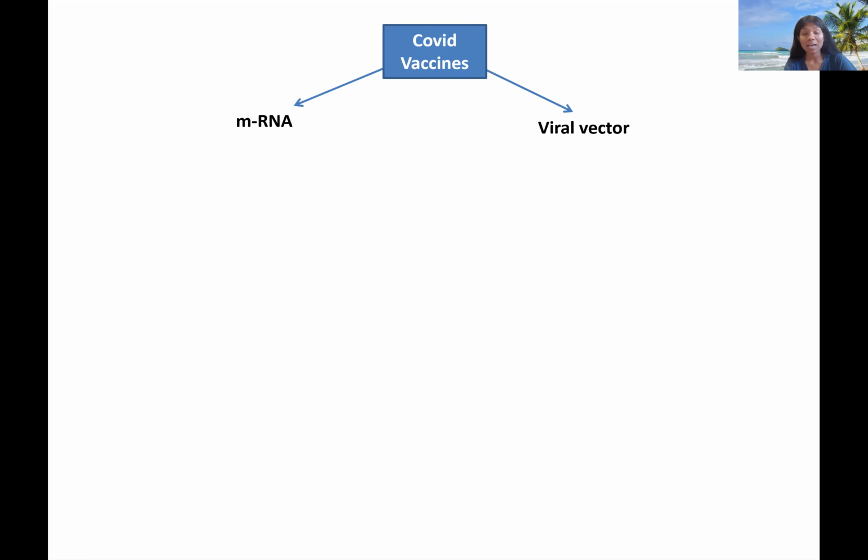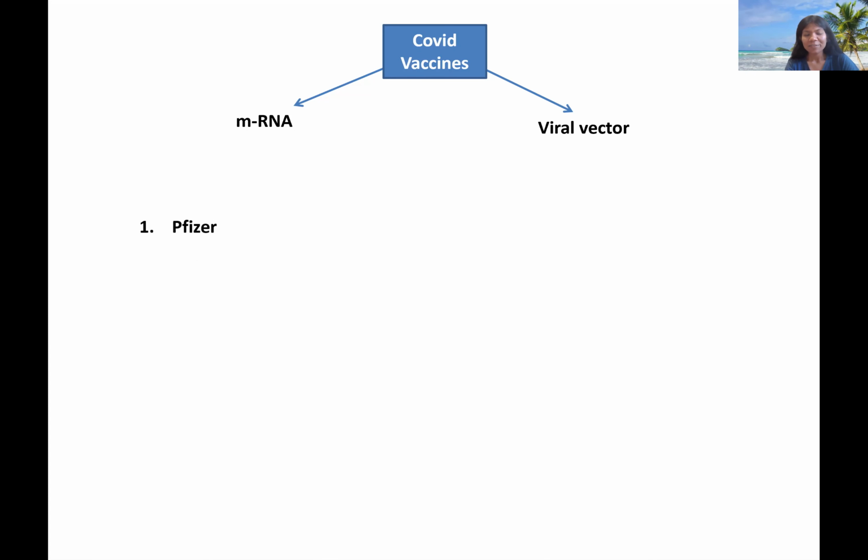Mainly I'm focusing today on the vaccines authorized by the FDA in the United States. We have three different vaccines approved by the FDA: Pfizer, Moderna, and Johnson and Johnson.